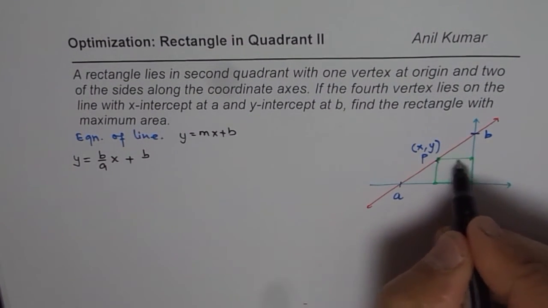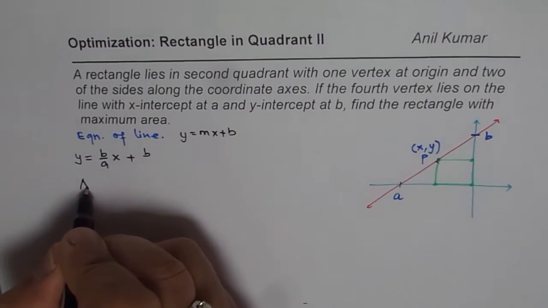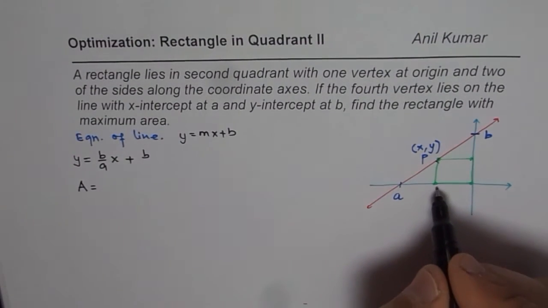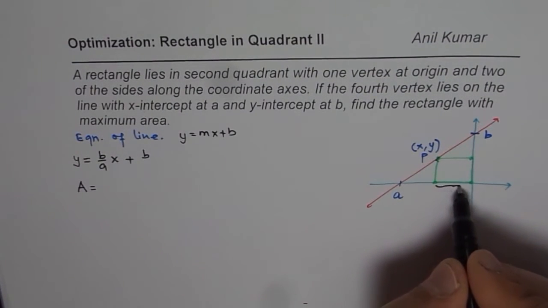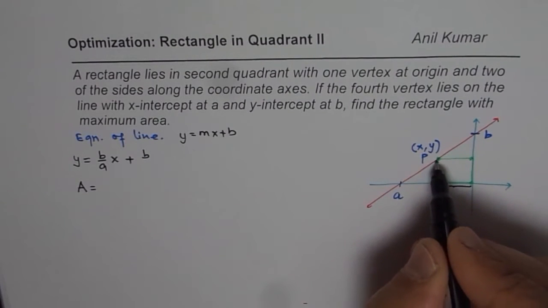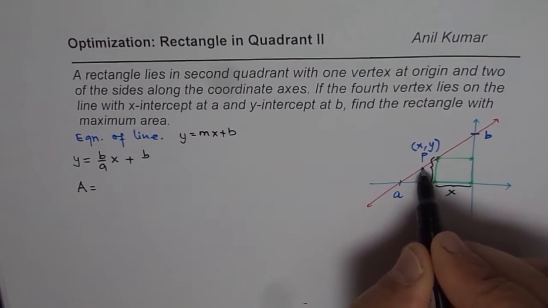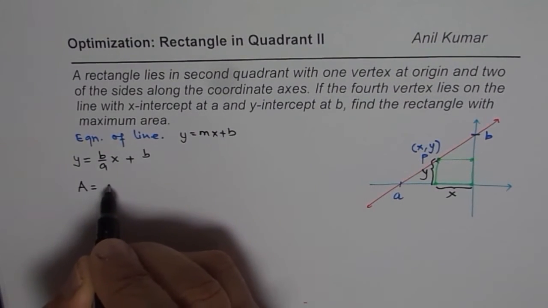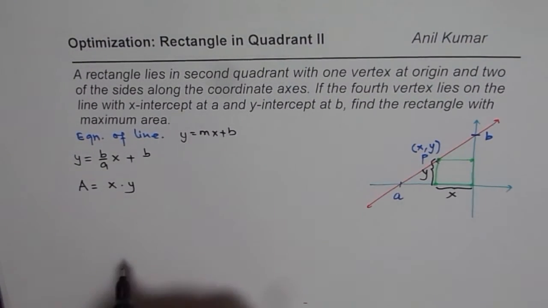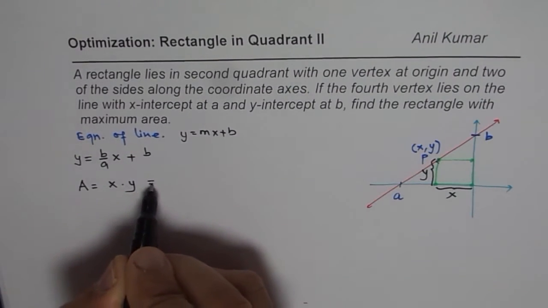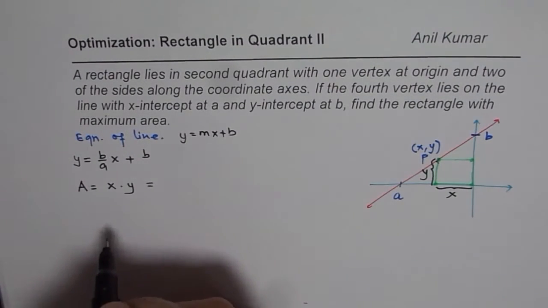Now what is the area of the rectangle? The area of the rectangle is this dimension, we have to take it positive, all areas are positive, times that dimension. Now this is x for us and this is y, is it okay? So the area is x times y. You can write y in terms of x, correct? So what do you get?